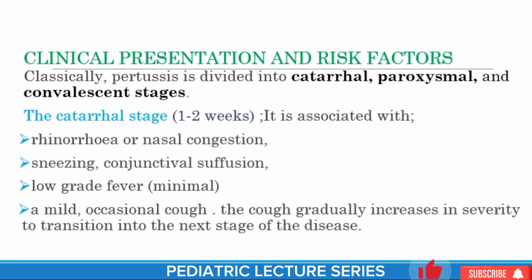The cough gradually increases. So this cough is very mild, and sometimes it's even not there. So in this stage, you have features of a common cold. So you may confuse it with a common cold. This is after the onset of cough.